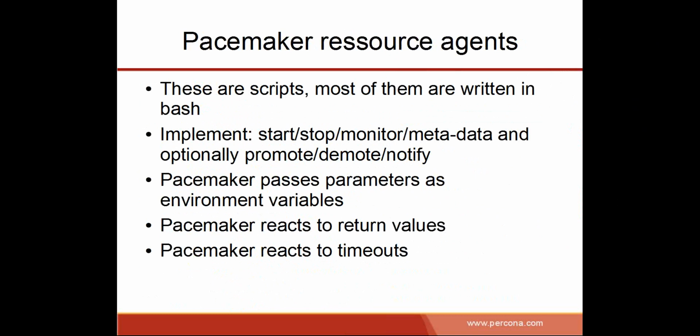So start, stop, if they failed or succeeded, monitor if it's failing or succeeding, or if it's returning that the current instance is a master or a slave. All that is controlled by return values. So there's a set of values that must be returned, and again, that's part of the API you have to follow. And it reacts to timeout.